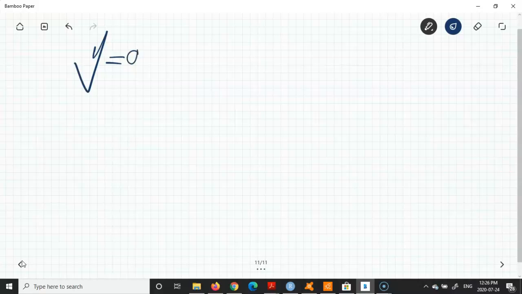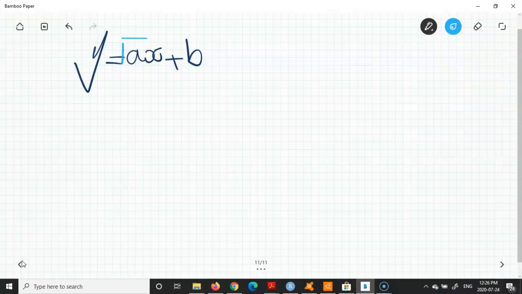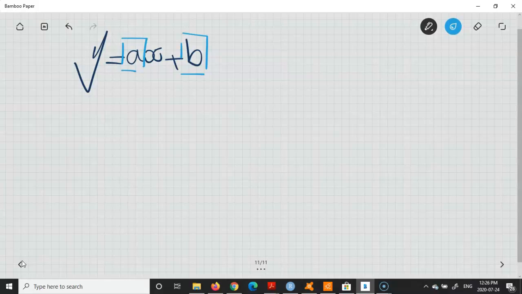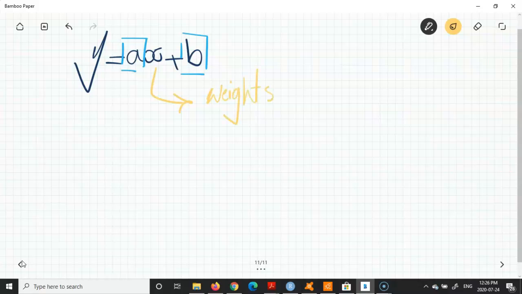We call that y equals ax plus b, where, as you remember, we call a the slope and b the intercept. And we say that in our model, x can represent in reality a covariate, which in our particular example was the weights.